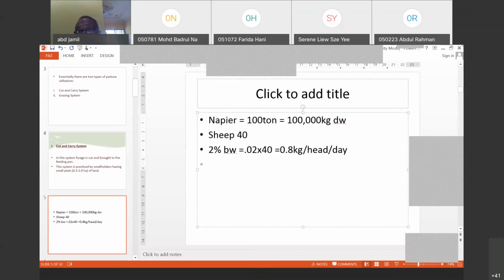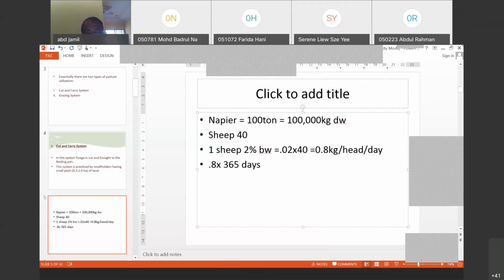So your dry weight is about 100,000, and one sheep requires this amount. This is per day. So per year, how much is required per year? Per year is 0.8 multiplied by 365 days.